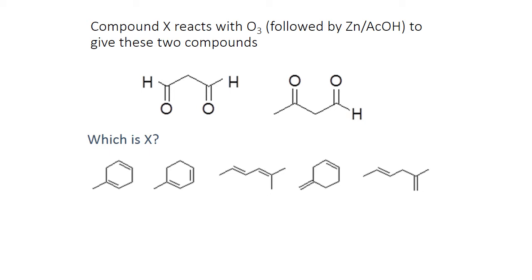Notice this one's symmetrical, this one is not. I know that when an alkene is treated with ozone, it's cut in half, and basically oxygens are put on the ends of the double bond. So I'm going to cut this here, and I'm going to cut this here to reverse that oxygen being put on the end of the double bond.